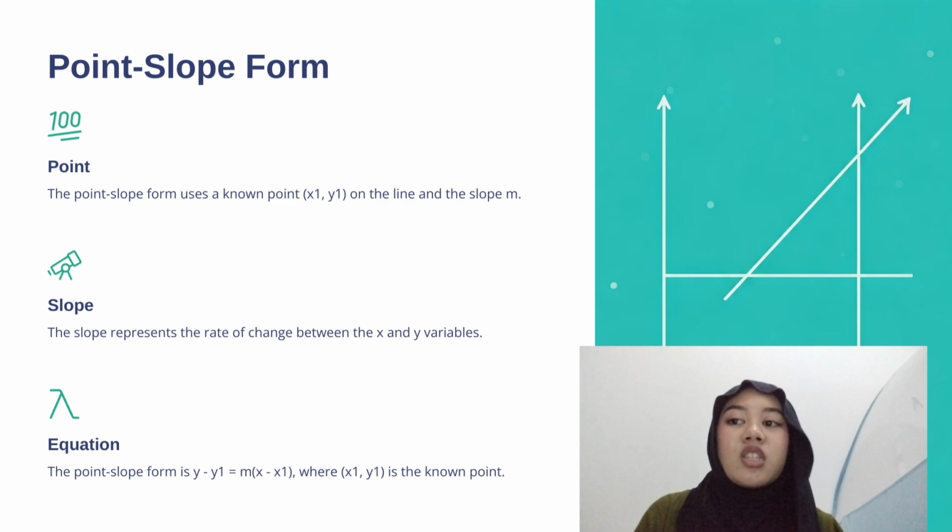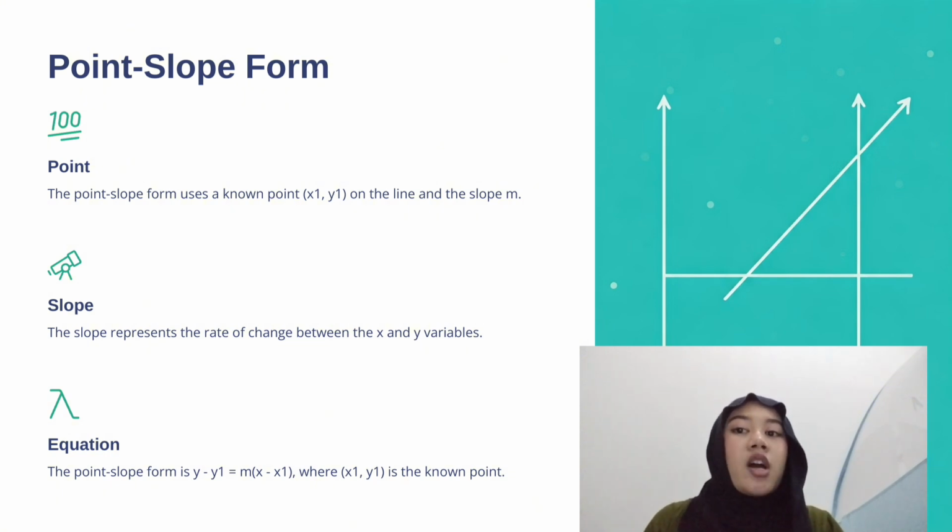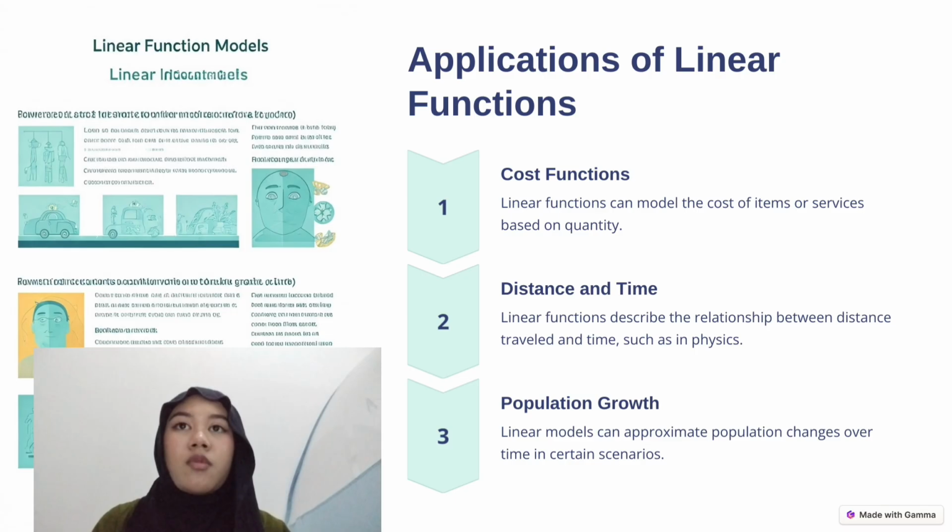Equation: the point-slope form is y - y1 = m(x - x1), where (x1, y1) is the known point.